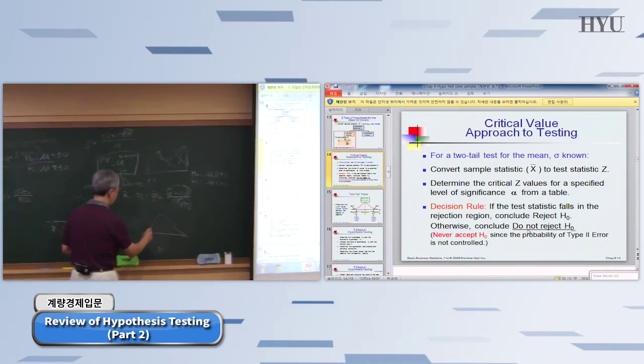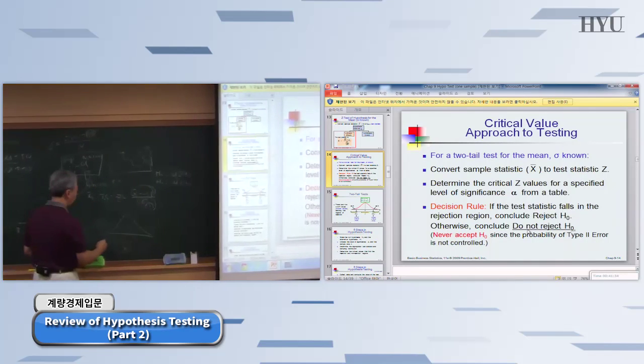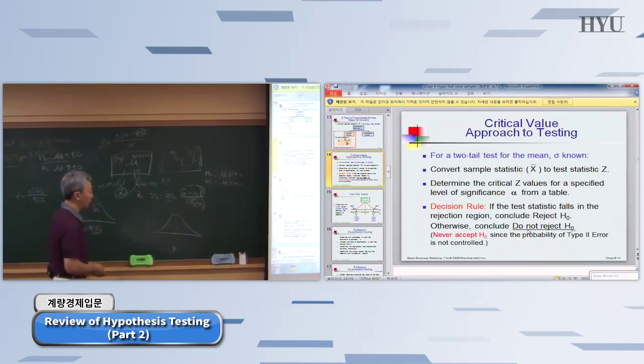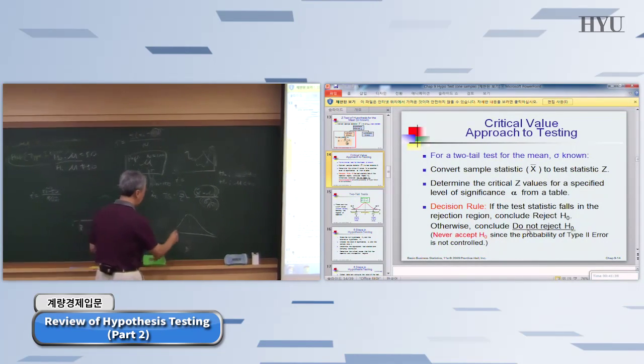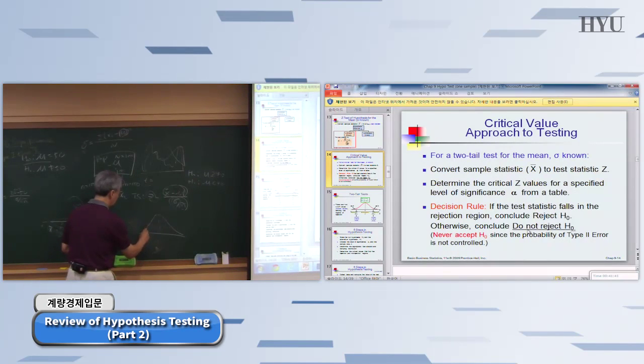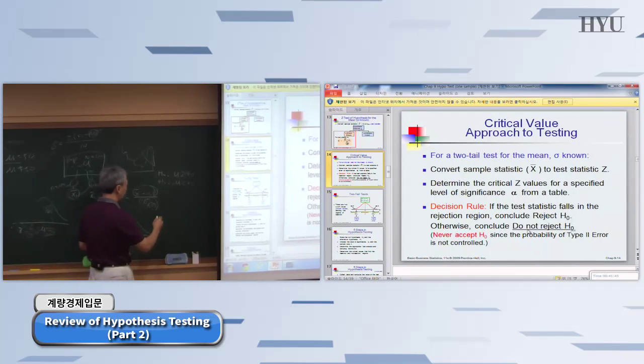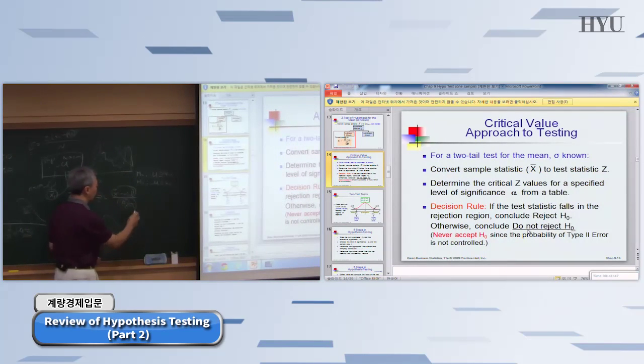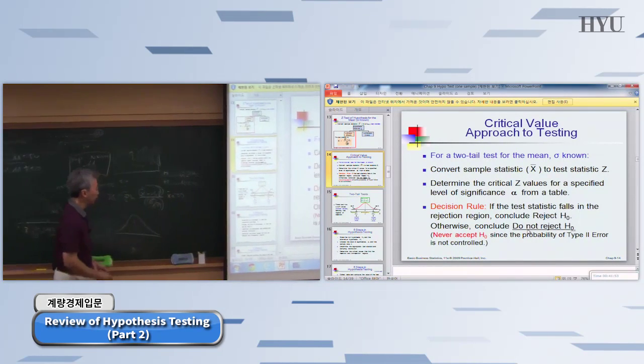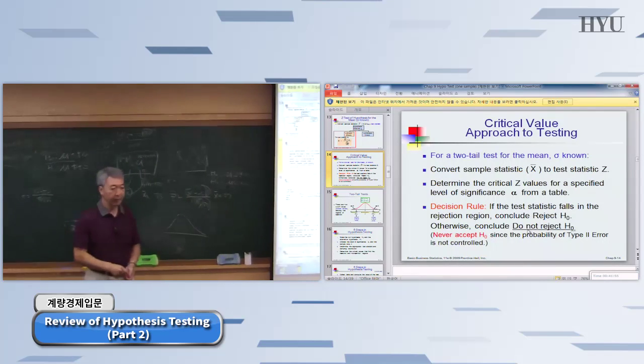What happens is you can convert the 40 into a z-score. Suppose the actual gas mileage came out to be, say, 37. Those researchers at the EPA tested some cars, and on average they were getting only 37 miles per gallon.